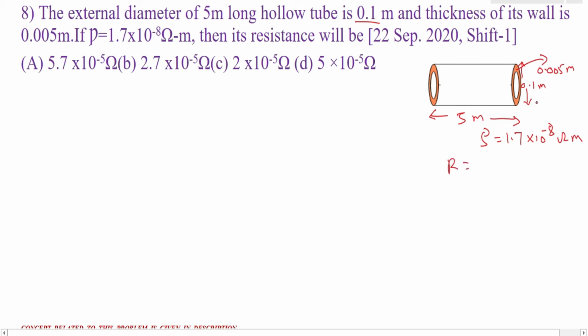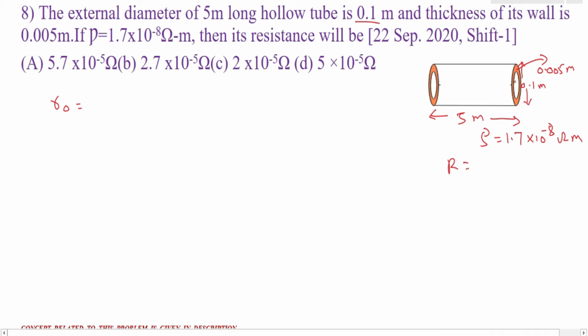Now see, he gave the external diameter, that is the diameter of this outer ring, as 0.1 meter.